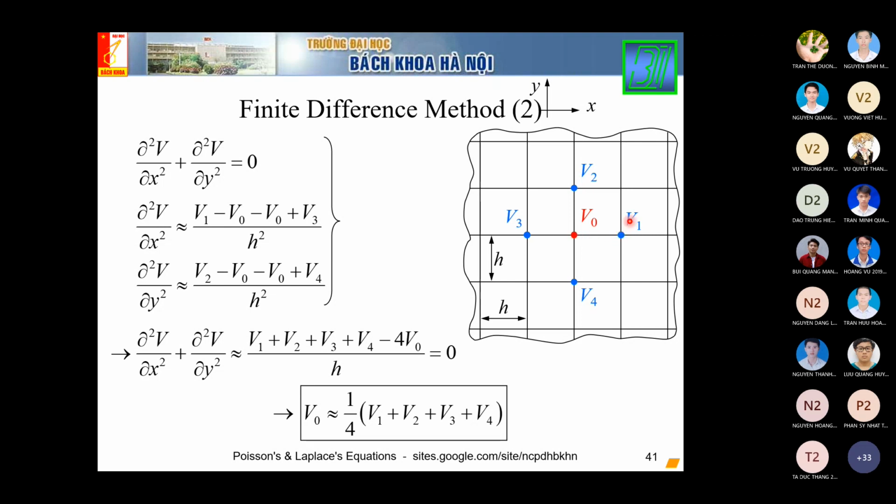For example, if V1 was here, then this one would no longer be correct. I want to tell you that the 4 surrounding points here must be symmetric about the center point. Otherwise, this might not be correct.